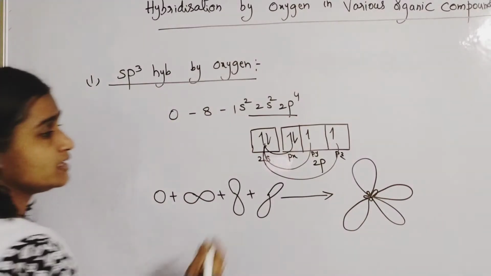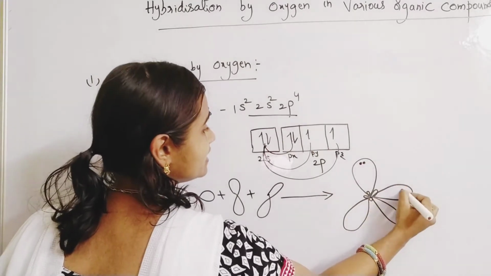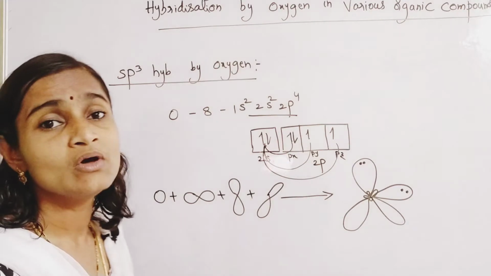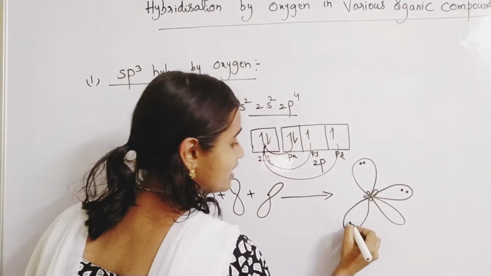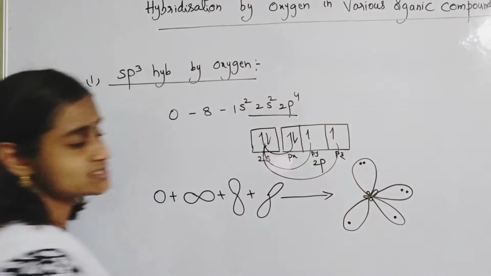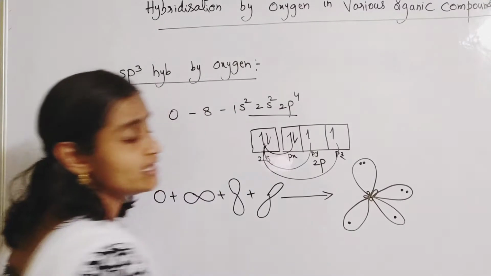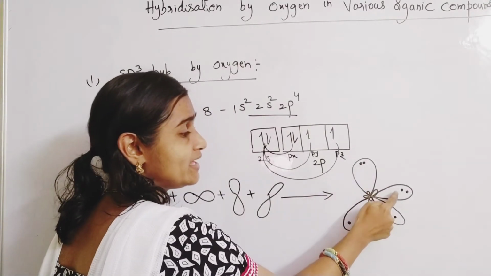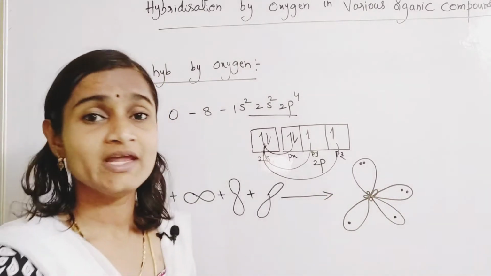Here you find two paired-up electrons already present in the sp3 hybridized orbitals, and two unpaired electrons. The unpaired electrons are the ones that will be involved in bonding, and the already paired-up electrons we will consider as lone pairs of electrons.